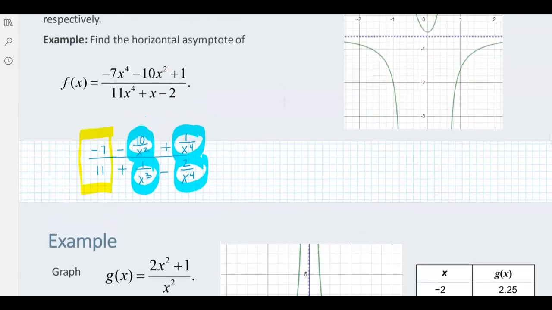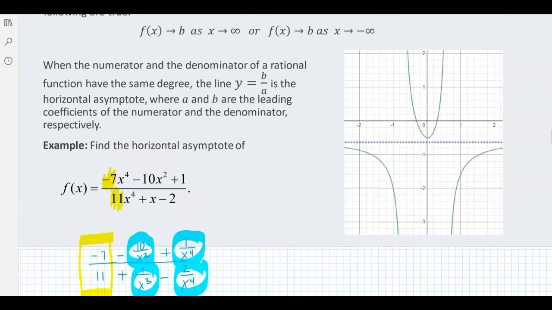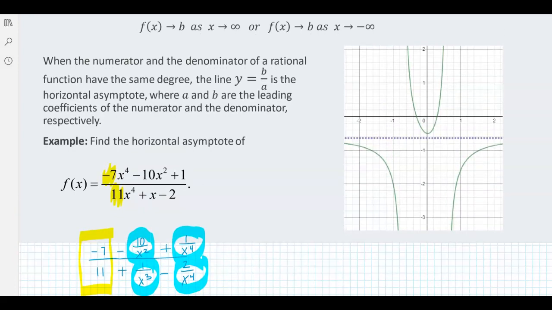And so when we're talking about a horizontal asymptote, we're just looking at the leading coefficient of both the numerator and the denominator. The equation of this line is y equals negative 7 over 11. That's this line right here. That's the horizontal asymptote that we have.